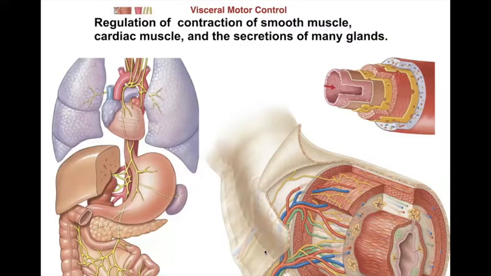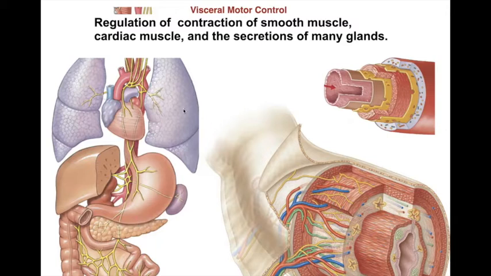So again, keep a concrete understanding of what we're talking about when I talk about visceral motor control over your viscera: your guts, your heart, your lungs, and all your abdominal stuff, your liver, your stomach, your intestines, your pancreas.